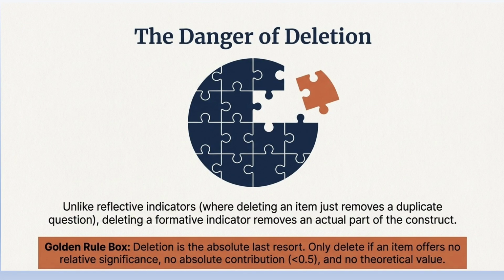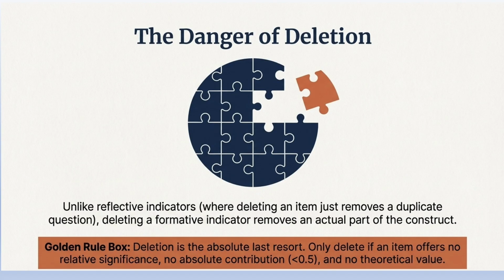So that means this item is important even if it is less important than the other two or three, whatever you are having. But we should keep it because ultimately in itself it is important. If the loading is also less than 0.5, then we have to check whether the loading is significant or not. If it is significant, then again I may keep it if theoretically I feel it is important.